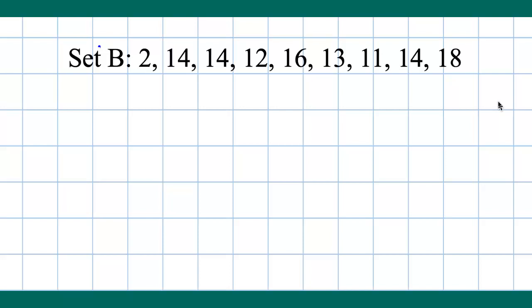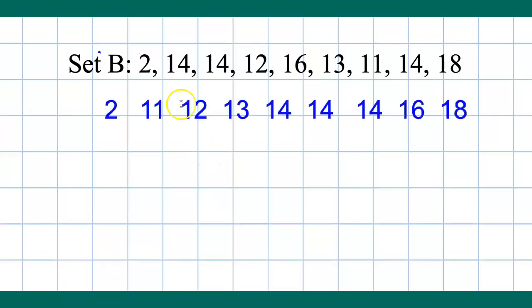So first we arrange this in order. Now we have arranged our data set in order. We need to find our median. Since there are 9 numbers in the set, 1, 2, 3, 4, 5, 6, 7, 8, 9, the fifth number is our median. So that's going to be our Q2. Then on the upper side, we need to find our Q3.